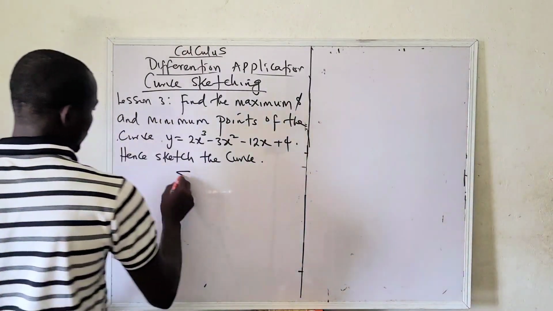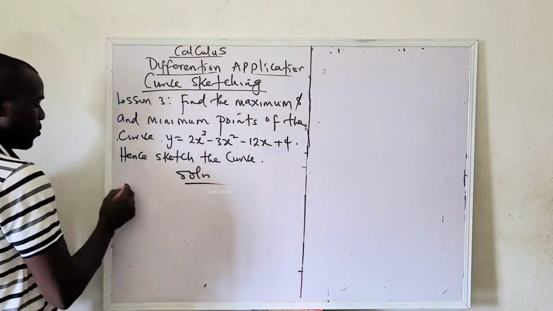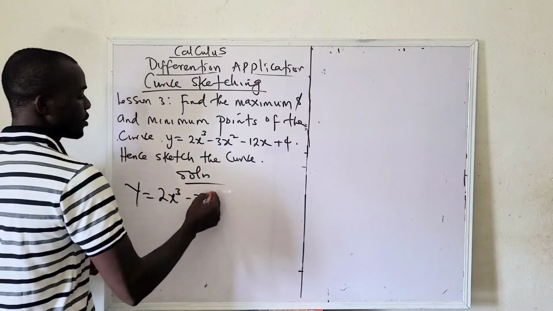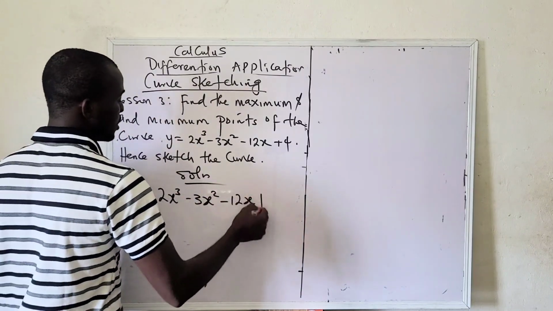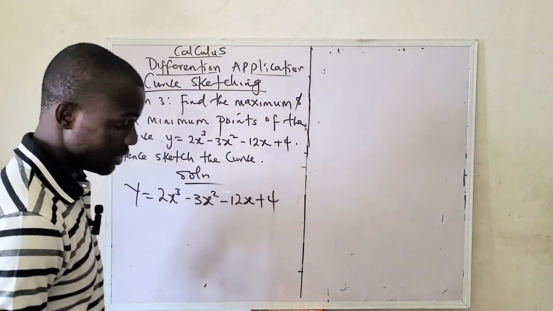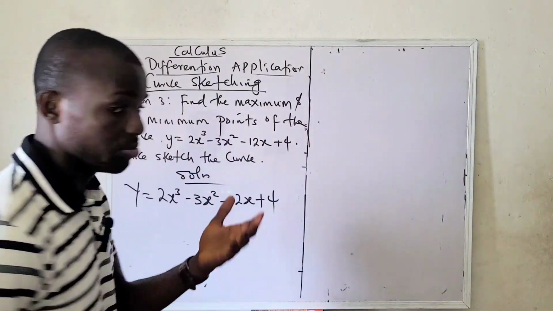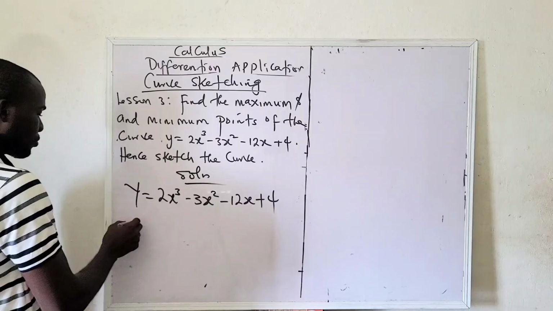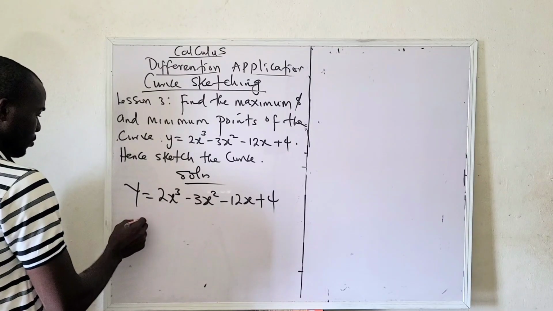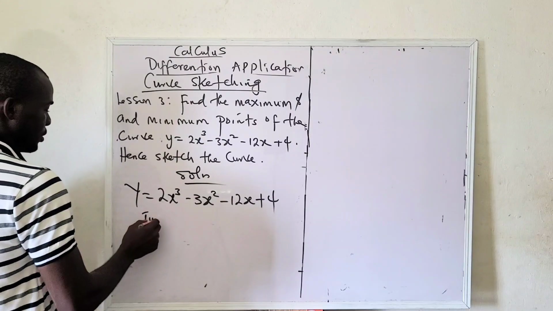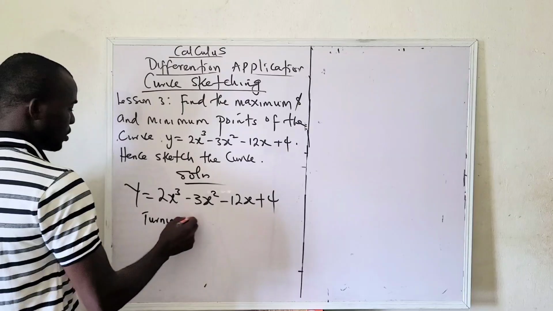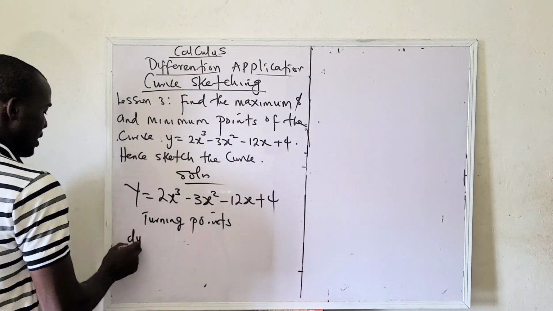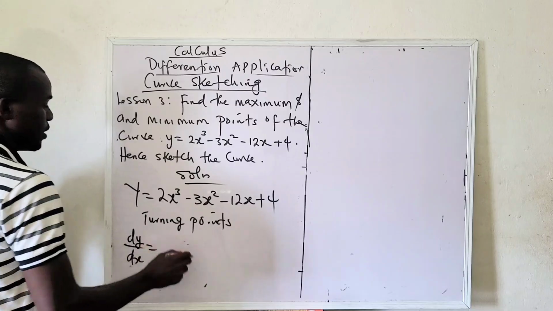Now, solution. We are given y to be 2x cubed minus 3x squared minus 12x plus 4, isn't it? So the first thing is, remember, you get the turning point. dy over dx: what's dy over dx of this?